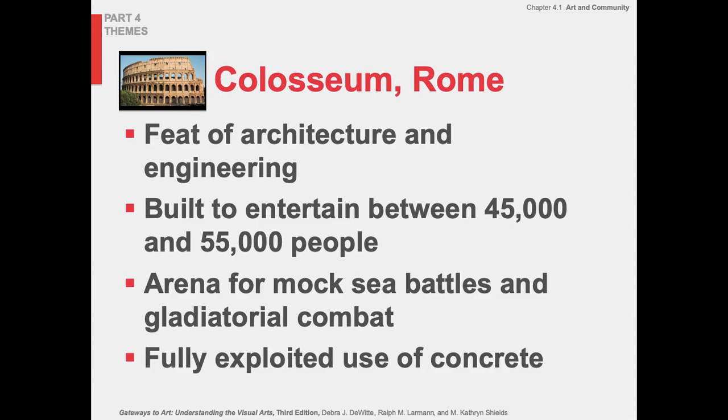Just astounding to think about filling a 2,000-year-old structure with water, probably using tar and all kinds of other sort of water resistant materials to hold that water in. But mainly it was gladiatorial combat, and you've seen the movie Gladiator, hopefully, so you get some beautiful views of this.